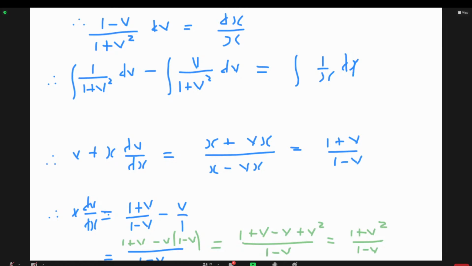Right? This we know is ln x. This we know would be minus 1 over 2 ln 1 plus v squared. All right, and this one here is tan inverse, right? You gotta use tan, right?